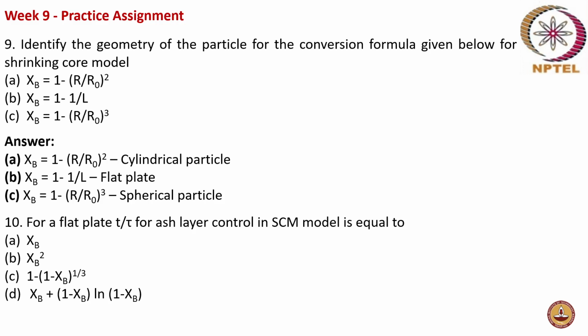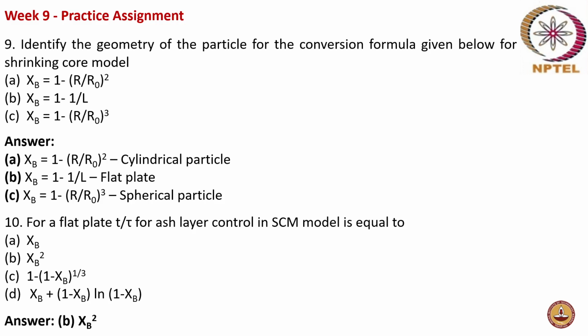So which of these expressions matches t by tau for a flat plate having ash layer as the reaction rate controlling mechanism in a shrinking core model.